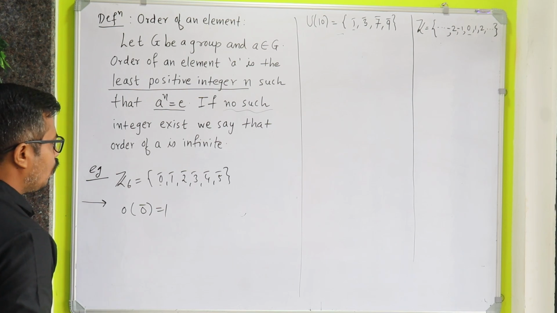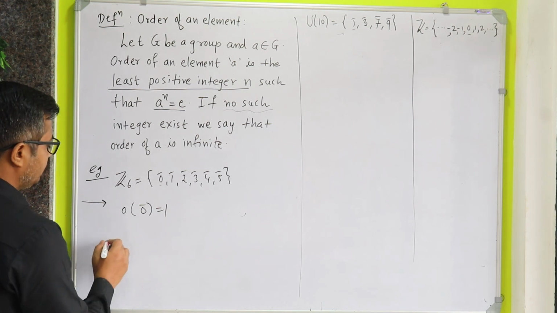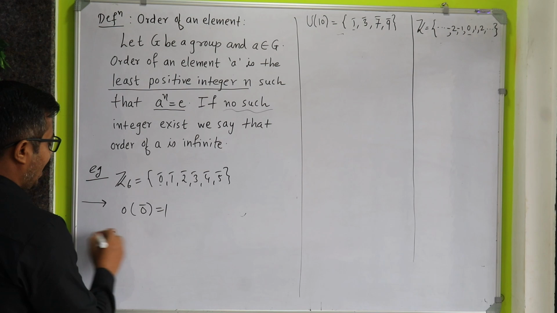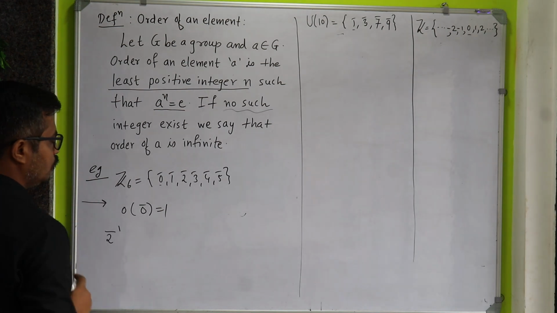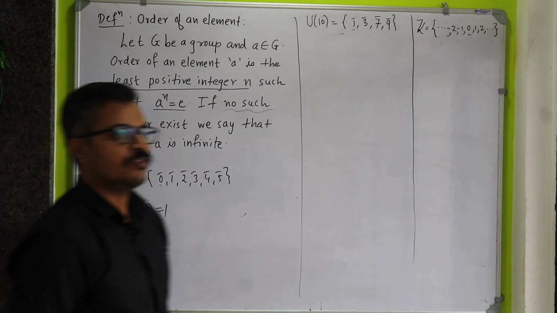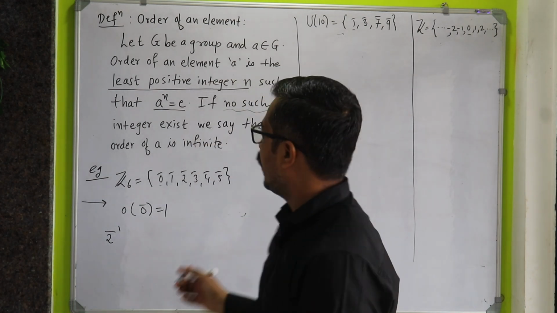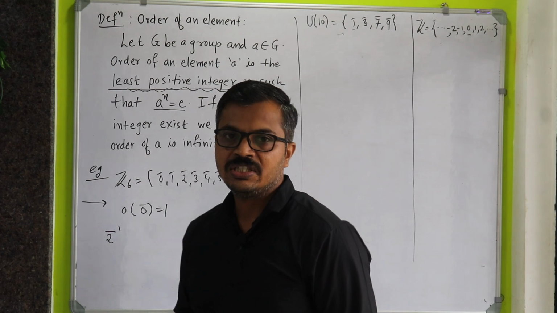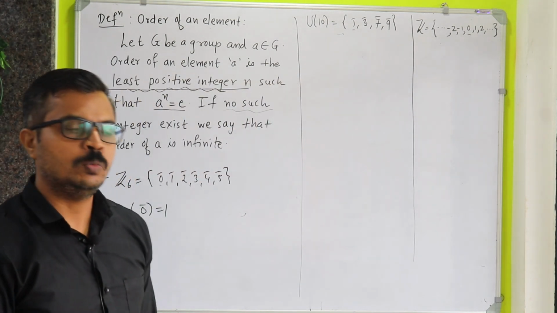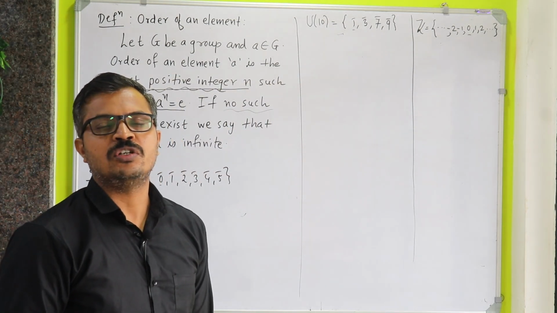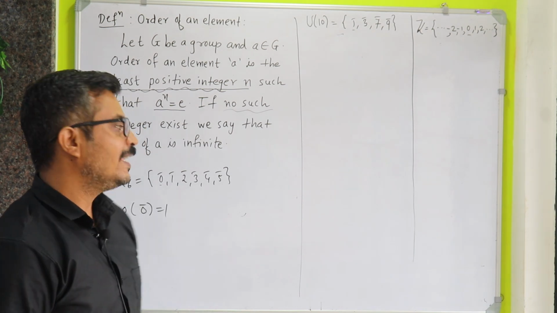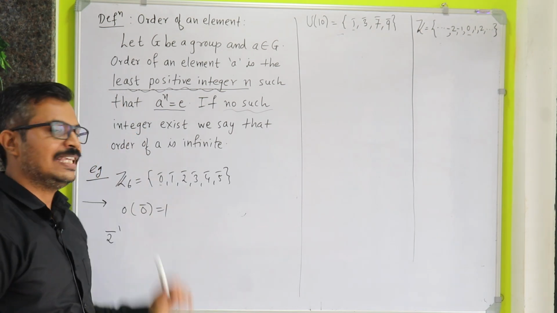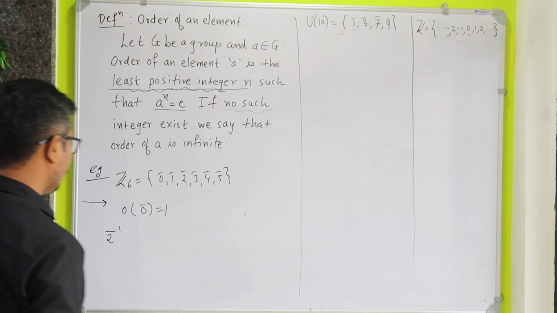Now let us find the order of 2 bar, right? So what I will do is start taking the positive integral powers of 2 bar, because we are searching for a least positive integer such that 2 bar raised to that should be equal to e, but e in our case in Z6 is nothing but 0 bar.